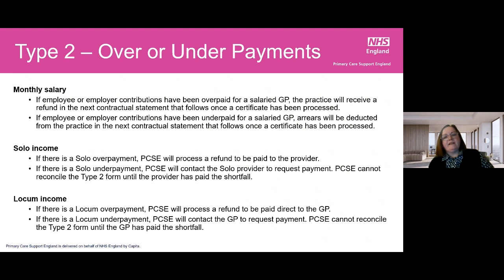Any underpayment is collected directly from them based on the actual pensionable income that you've then earned compared to what they had put on the estimate form. So the practice will see those adjustments in their statements, and that calculation obviously also takes into account what the correct tier rates turned out to be for those 2 periods. So monthly salary, from a PCSE point of view, that reconciliation is done directly with the practice.